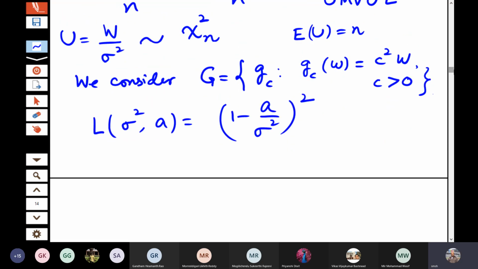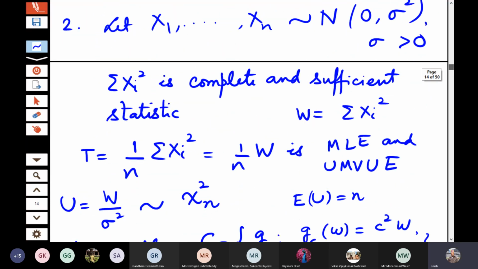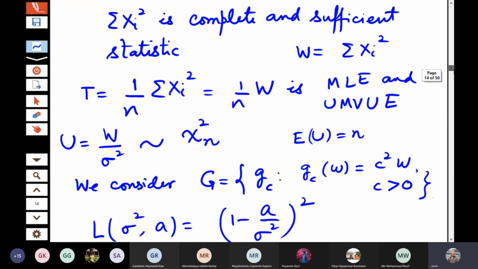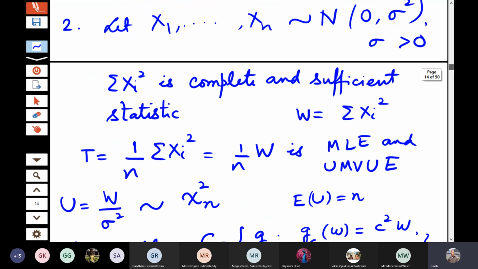Now look at the distribution properties. What is the distribution of W? Some of these things you know, but maybe you will forget again, so let me write it here. The distribution of Xi's is normal 0, sigma square, so the distribution of Xi by sigma is normal 0, 1.